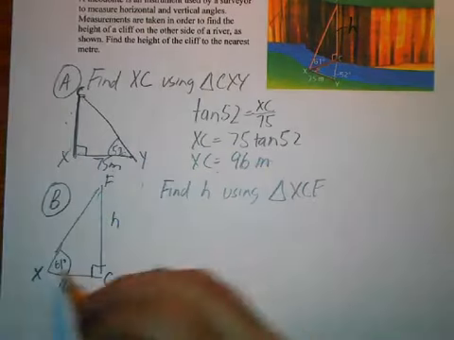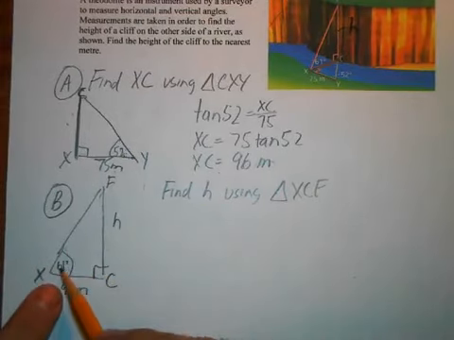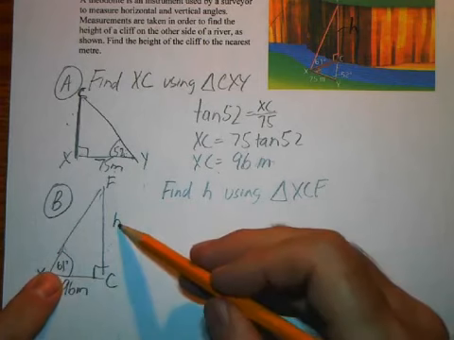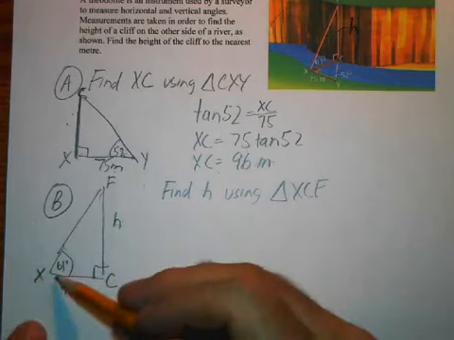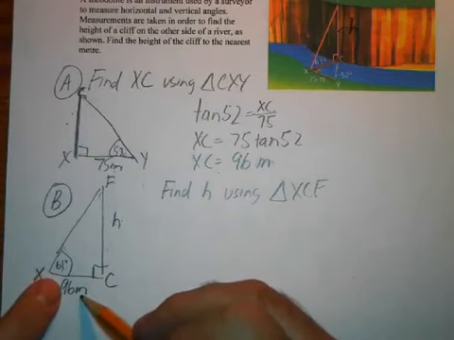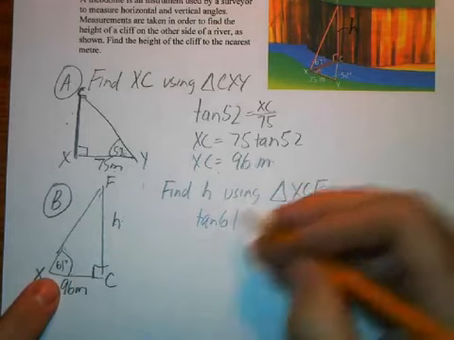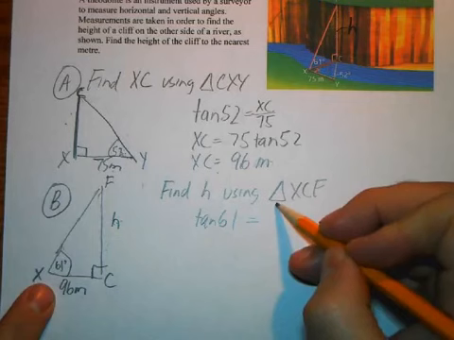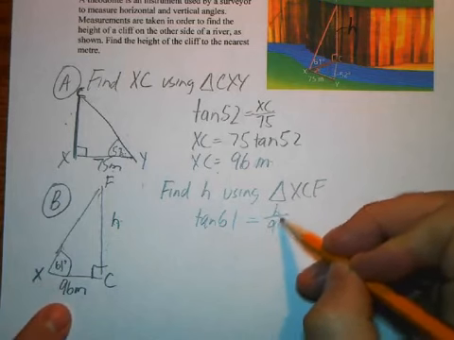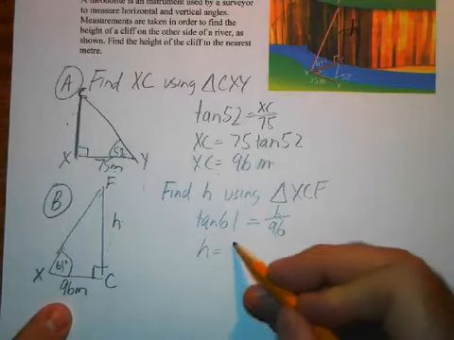Okay, so what am I going to do here? There's my angle of interest, 61. I definitely want to have this side in my ratio, so that's going to be opposite. And then the other side that I know is going to be adjacent. So again, I'm using tan. So tan 61 degrees is equal to opposite, H, over adjacent, and multiply both sides by 96.